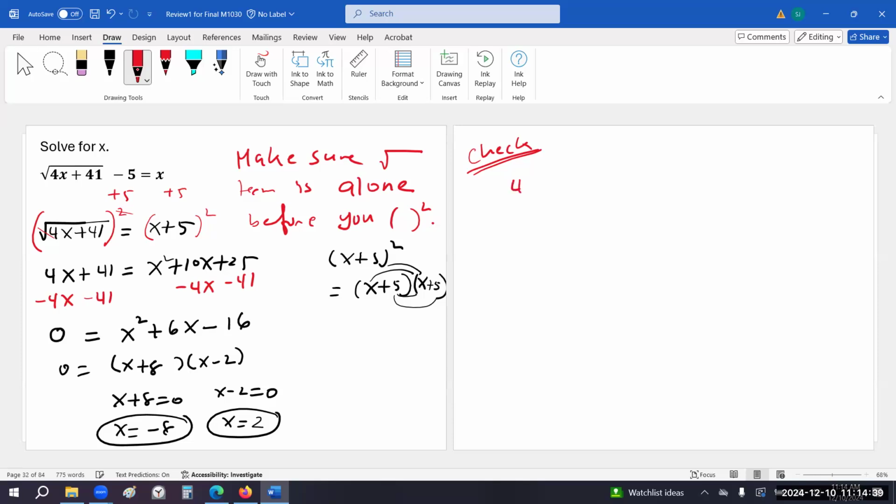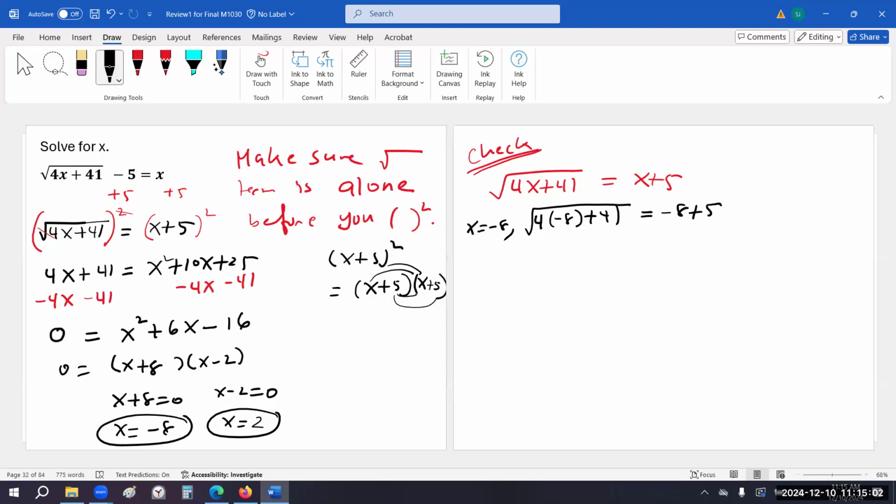So we have square root of 4x plus 41 equals x plus 5. X is negative 8. So we have 4 times negative 8 plus 41. It has to give us negative 8 plus 5. So 4 times negative 8 is negative 32, plus 41. What do we have? And the square root of 9?